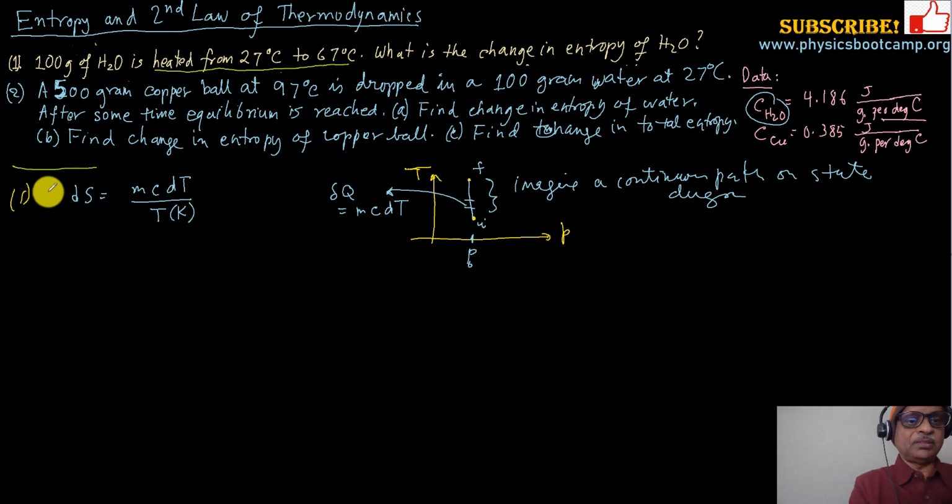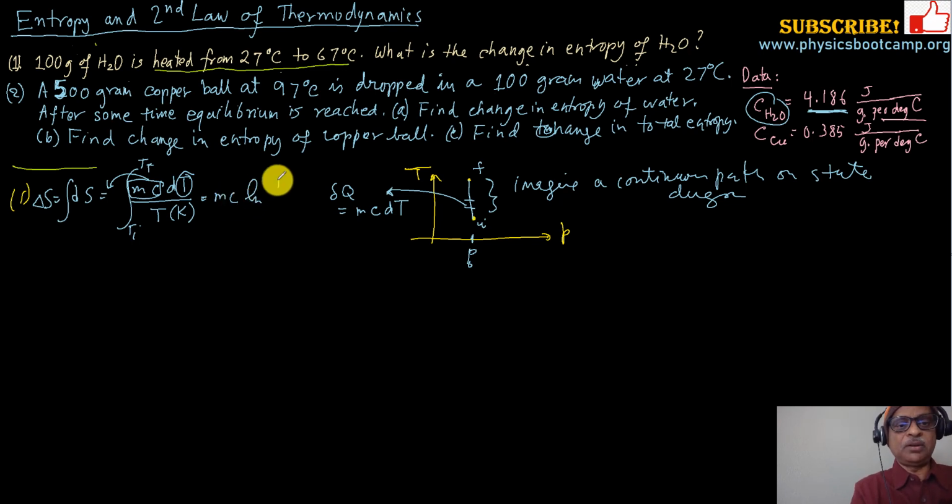Well, so delta S will be just integrating this thing, and now the integration variable is T, so this is Ti to Tf, and this thing will come out because it's not dependent on temperature, it is constant. So this is just m c log of T final in Kelvin over T initial in Kelvin.